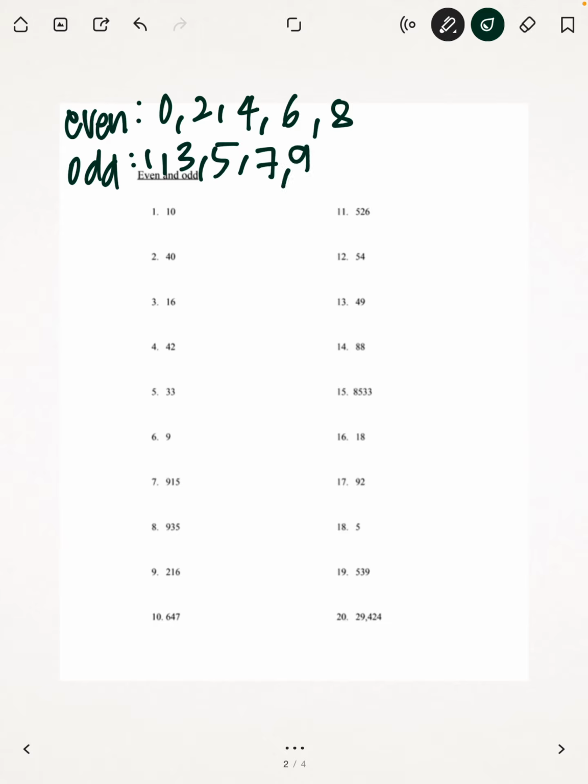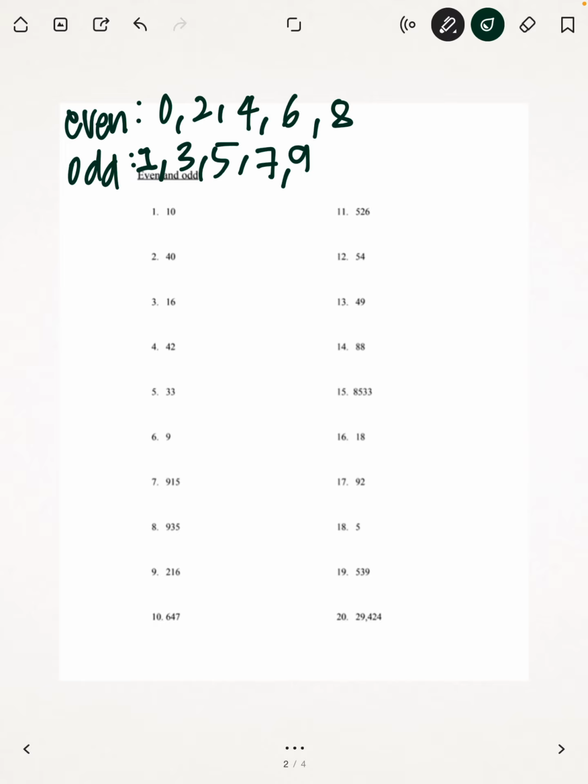So as you can see, an even number is any number that has the numbers 0, 2, 4, 6, or 8. And an odd number is any number that has a 1, 3, 5, 7, or 9.